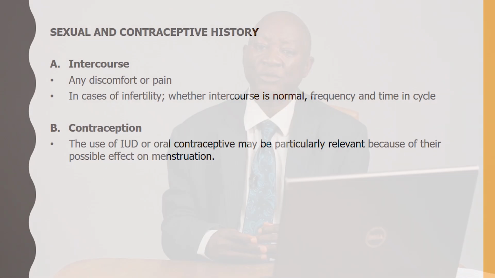Again, we need to know the regularity and frequency of intercourse. Many women, particularly those that are infertile, will want to get pregnant without having intercourse. So it's very important to establish the frequency of intercourse. Is it once a week? Is it twice or thrice a week? Again, as part of the gynecological history, we need to have a knowledge of contraception.